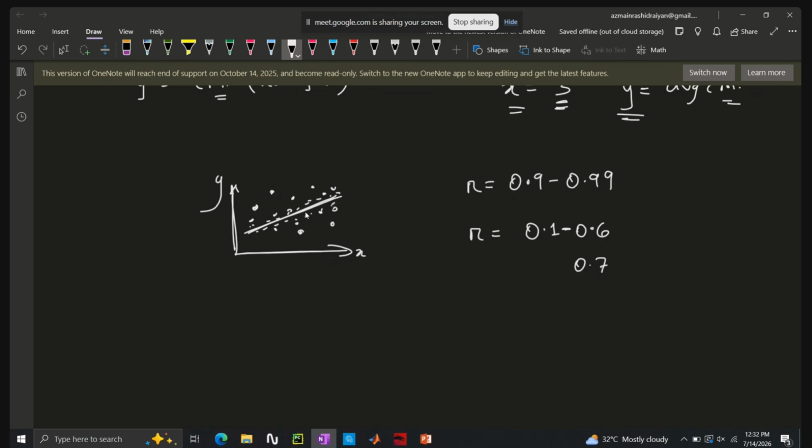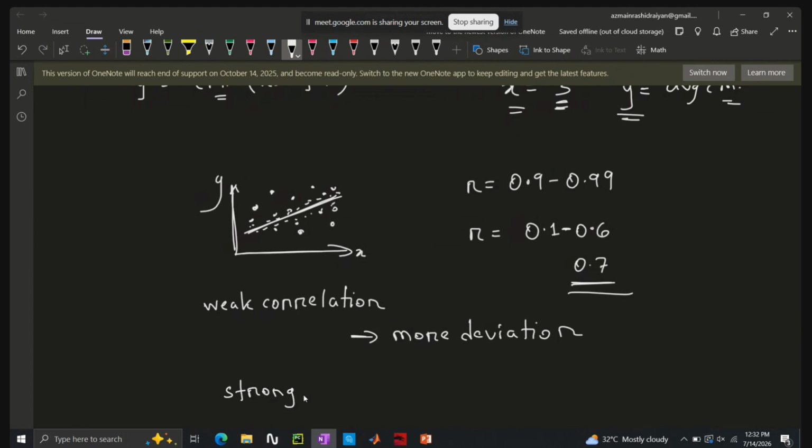So if I ask you why this vastness or deviation has occurred, you will comment on the basis of your correlation coefficient. As my correlation coefficient value is low, my correlation is weaker. So weak correlation leads to more deviation, while a strong correlation provides an accurate value or lower deviation.